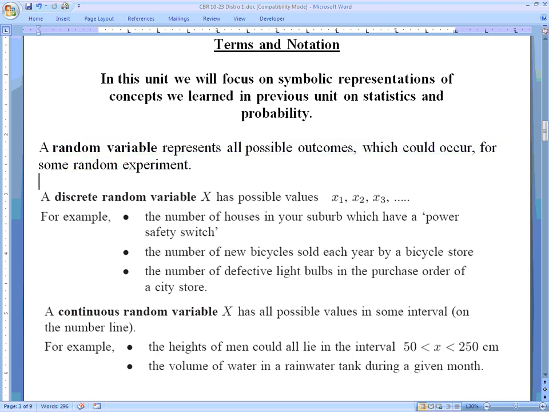A random variable represents all possible outcomes which could occur for some random experiment. And that definition, I feel, is totally useless without some context. So let's start off by saying when we talk about a discrete random variable or a random variable, we use a capital variable, usually capital X, not lowercase x.